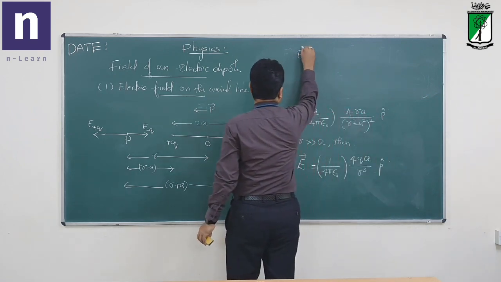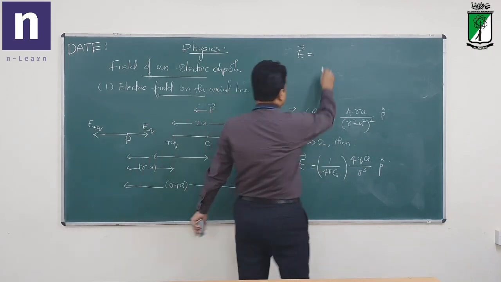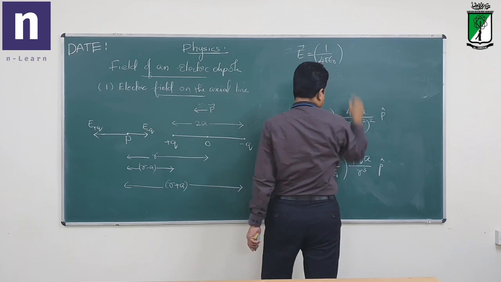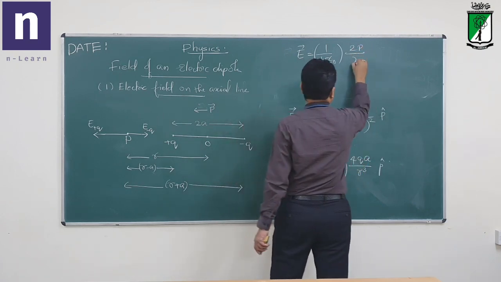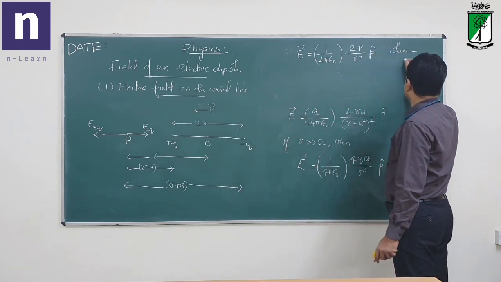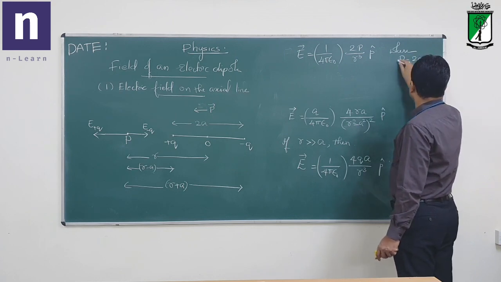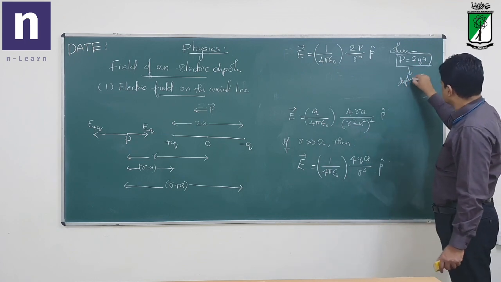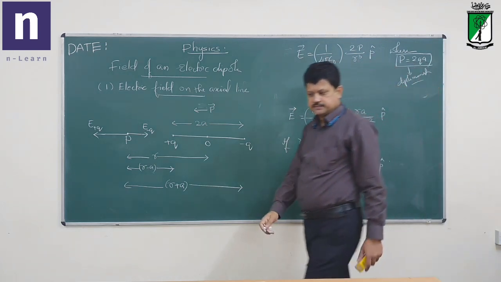So therefore the net electric field due to an electric dipole at a point on the axial line is 1 by 4 pi epsilon naught into 2p by r cube into p cap, where p is equal to 2 into qa, which is the dipole moment.